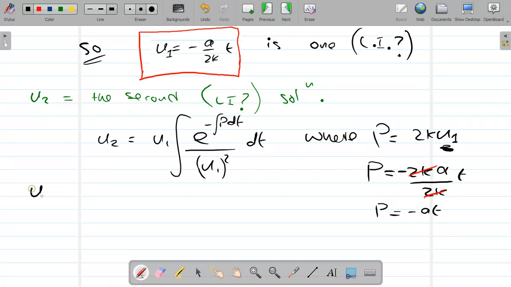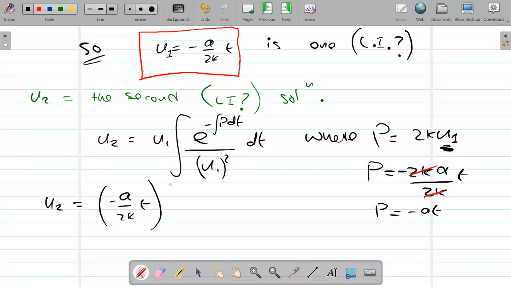So U2 is equal to U1, minus a over 2K times t, times the integral of, oh dear, I've not left enough space there. Let's just go back. U2 equals U1, which is minus a over 2Kt. Let's make that look more convincingly like an a.